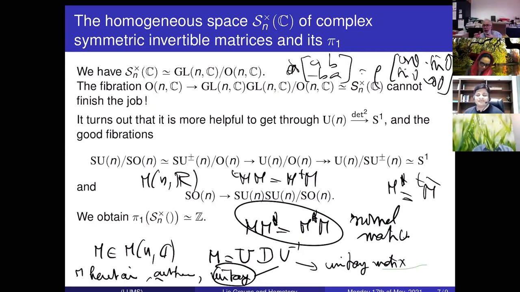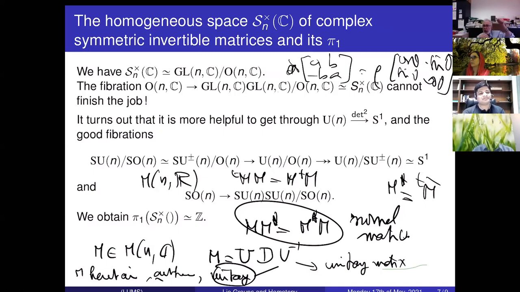So what is nice practically here is that you don't need to enter into all the details of algebraic topology. You have fibrations by looking at nested closed subgroups H1 inside of H2 inside of G. You have fibrations which are canonically associated to them.